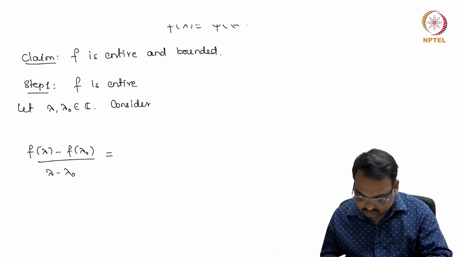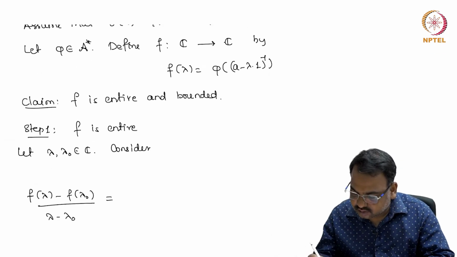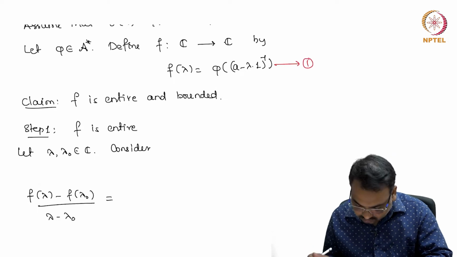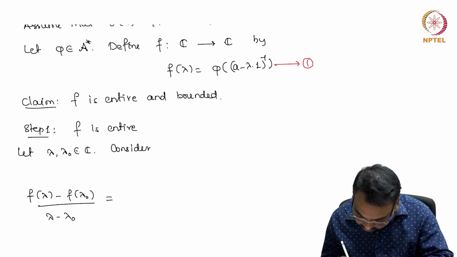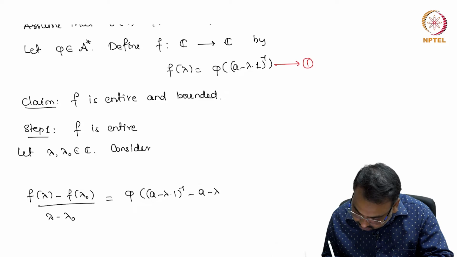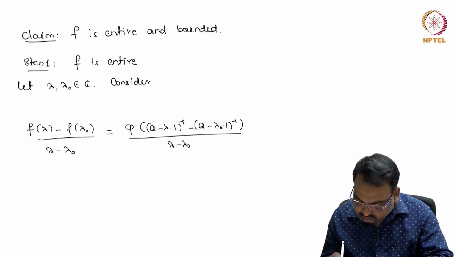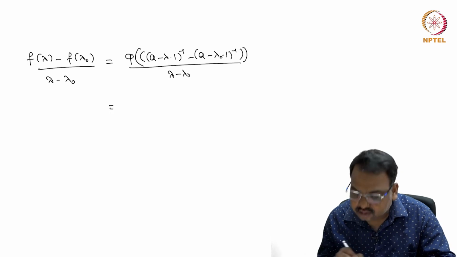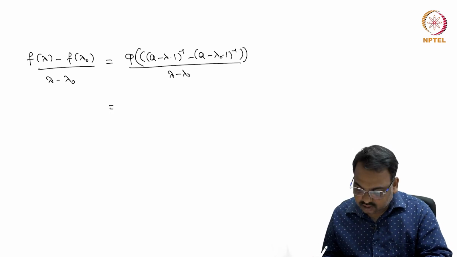This is by definition, so call this equation 1. Since phi is a linear map, this is phi of ((A minus lambda 1) inverse minus (A minus lambda naught 1) inverse) divided by (lambda minus lambda naught). So this we can write. Now we have already used this formula.